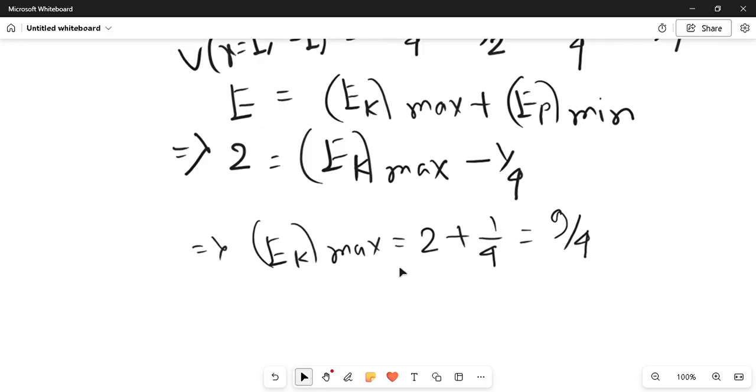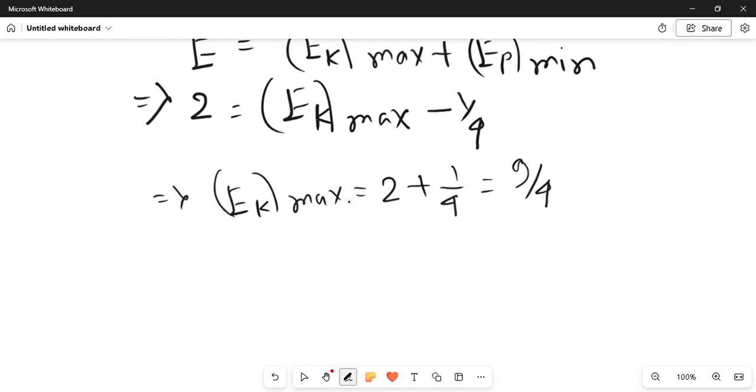When kinetic energy is maximum, since m is constant, the particle has its maximum velocity, v maximum.